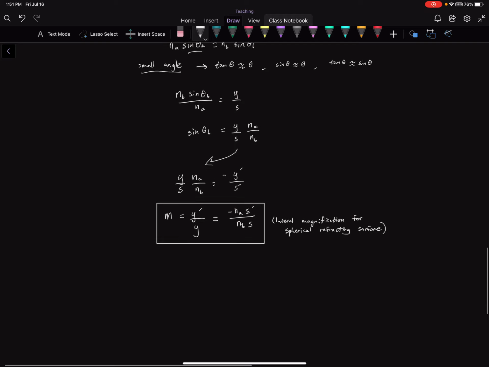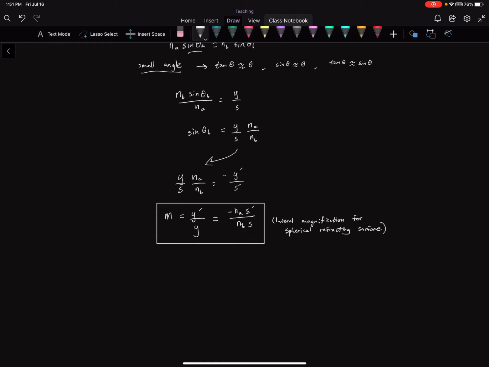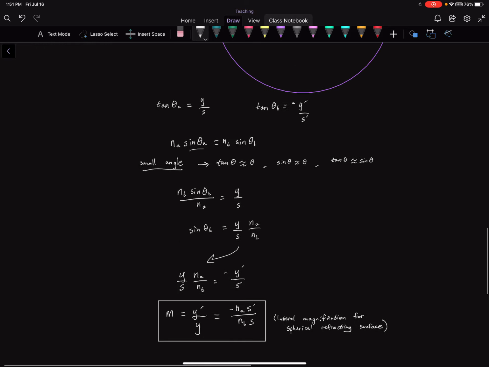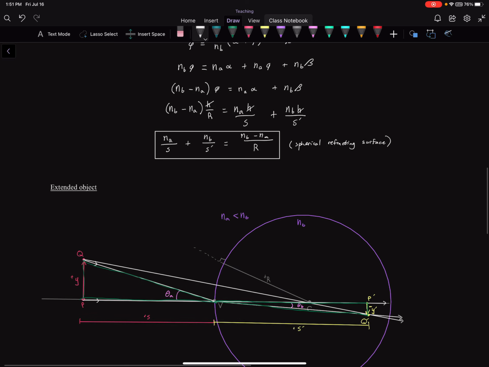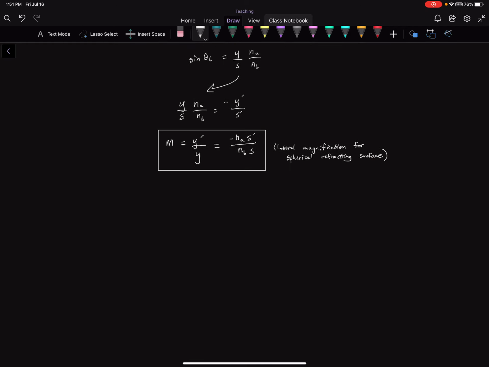All right. So yet again, both of the boxed-in relations, both this magnification one and also this object image radius of curvature and indices of refraction for both materials, both of those expressions apply both to concave and convex refracting surfaces. The only thing that you might have to consider and think through is that the signs might change, right?